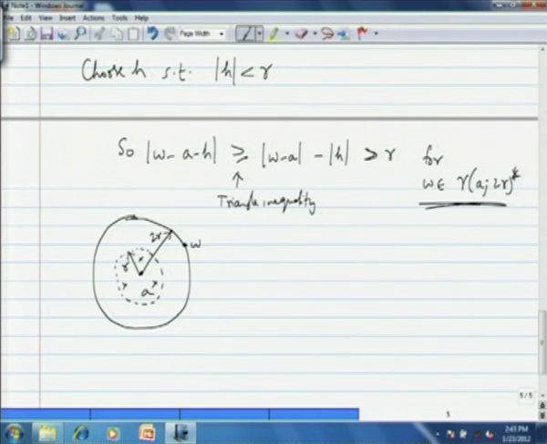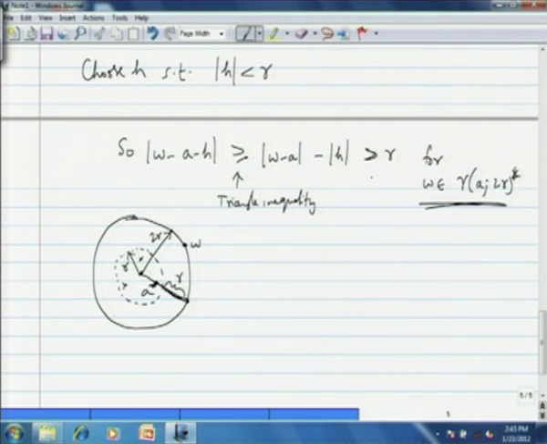Anywhere it is, you see that the shortest distance from a plus h to this circle of radius 2r is at least r. If you suppose that is your a plus h, then it is at least this distance, that distance to that circle of radius 2r is at least r.